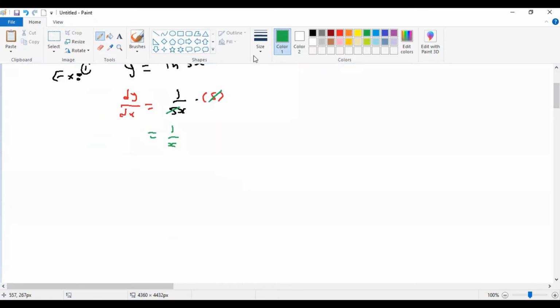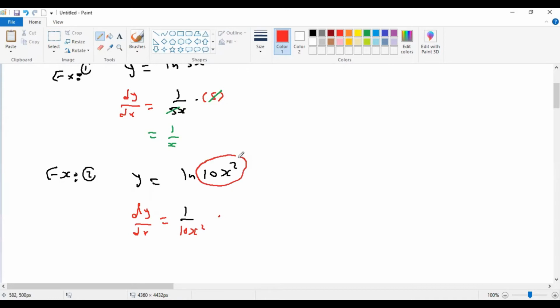Another example. Example number 2. Let us say y equals ln 10x squared. What is the u? The u is 10x squared. To find the derivative dy/dx, we said 1 over u, so 1 over 10x squared, times the derivative of 10x squared, which is 20x.